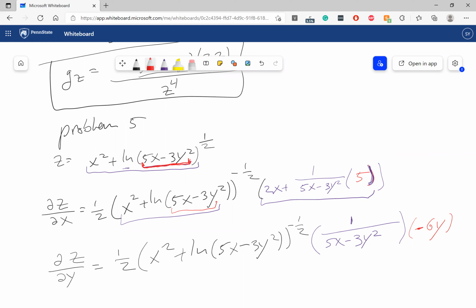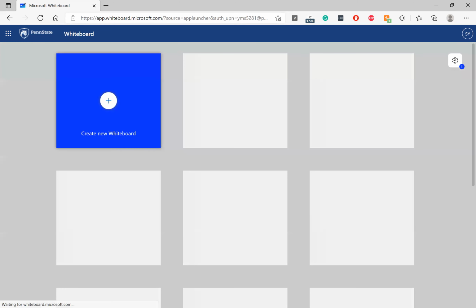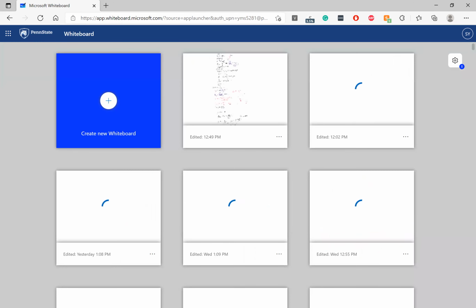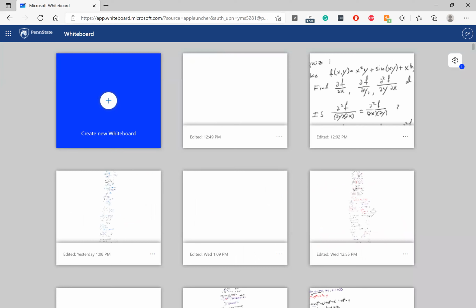Yeah, that's chain rule. Right, 1 over this, and then you take the derivative of the inside part and you attach it here with respect to y. So the 2 comes down, and you get negative 6y. And that goes there.